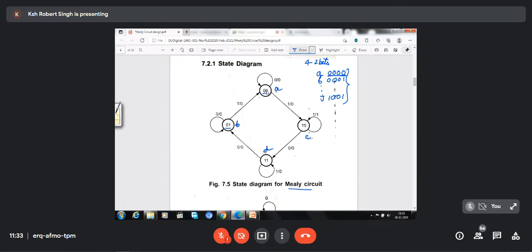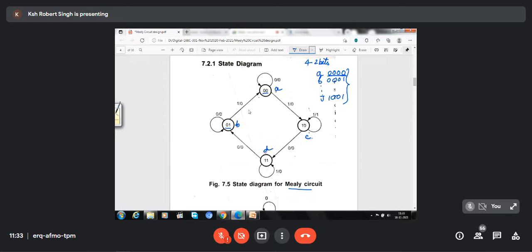The circuit in one state will go to another state when the input is 1, and at the time output should be 0. And when the input is 0, it should remain in the same state. Can you understand? Like that, a person is narrating, I want a circuit to be designed accordingly.